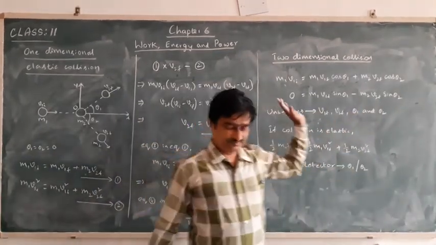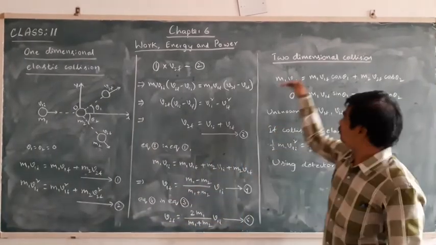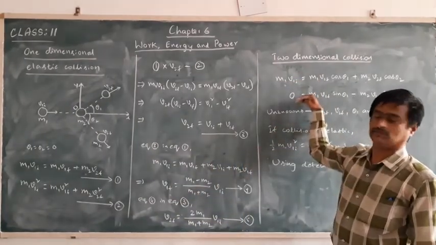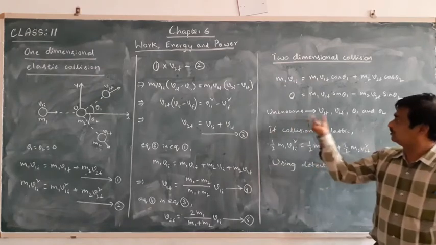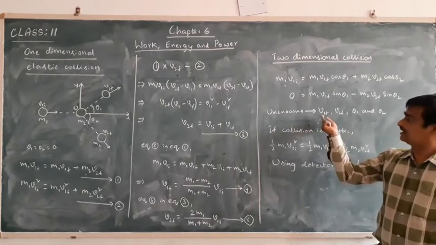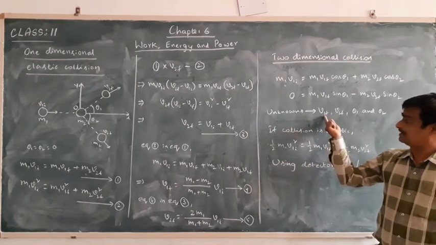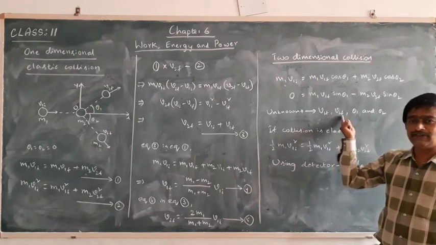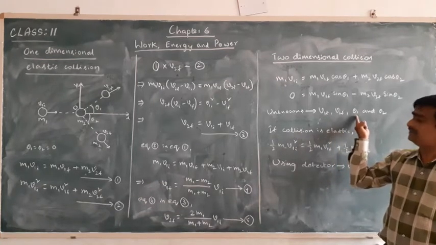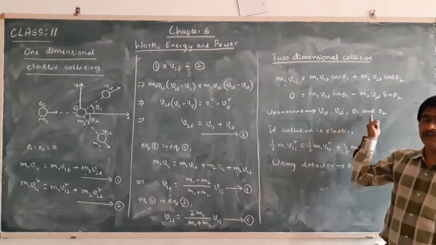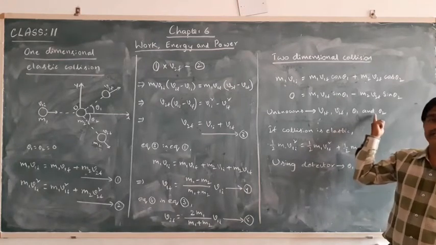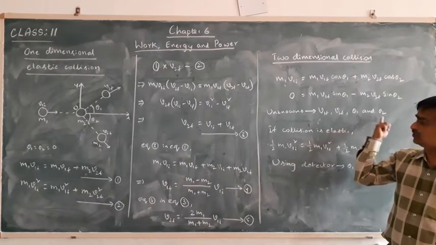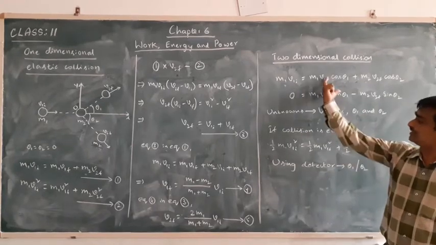Then we are having two equations. The unknown parameters are the final velocity of the first body, the final velocity of the second body, the angle with which the first body is moving after collision, and the angle with which the second body is moving after collision. 4 unknowns and 2 equations.